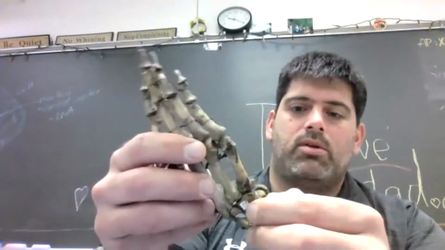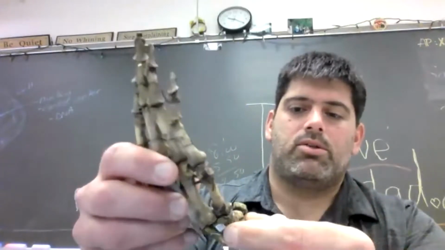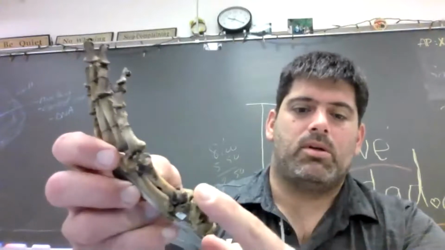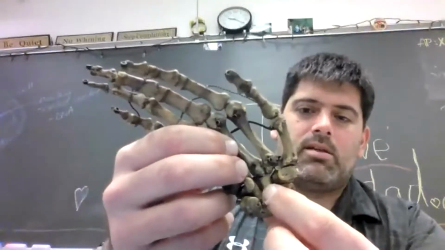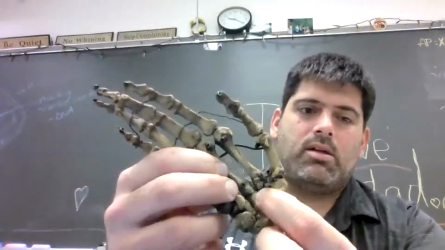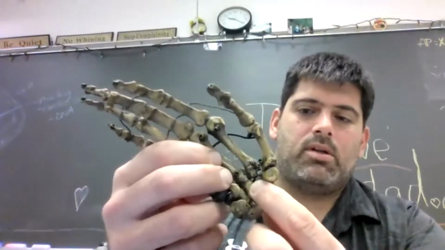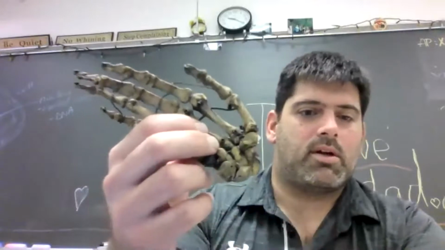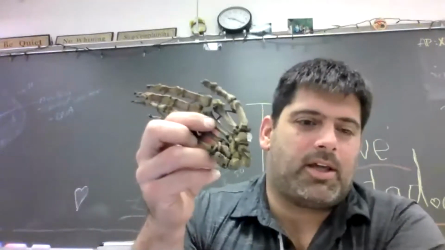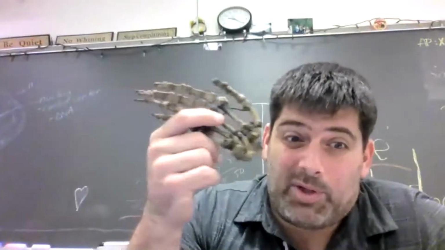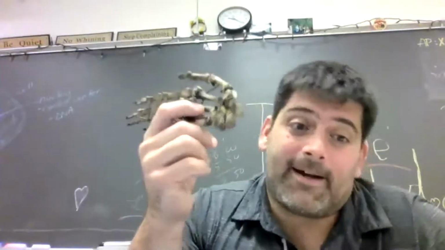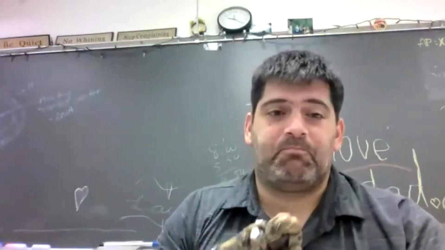Straight line to triquetral, pisiform, hamate, capitate, trapezoid, trapezium. So that's how we remember it: straight line to pinky, here comes the thumb. It's just a little mnemonic device. You don't need to know them yet, but you will need to know them. So something to think about.